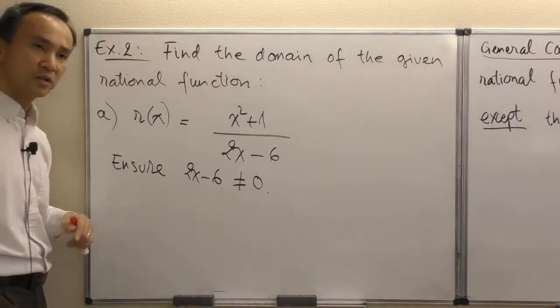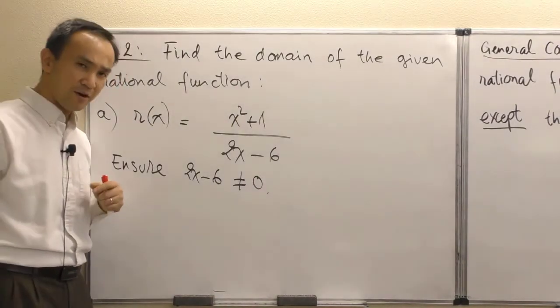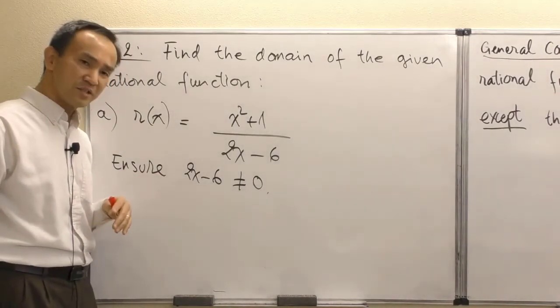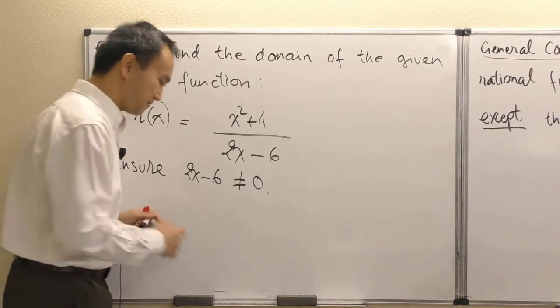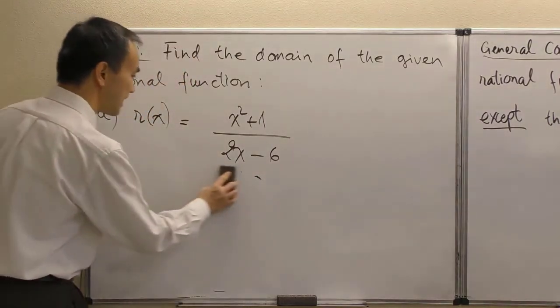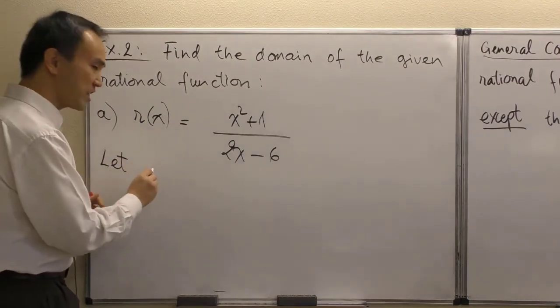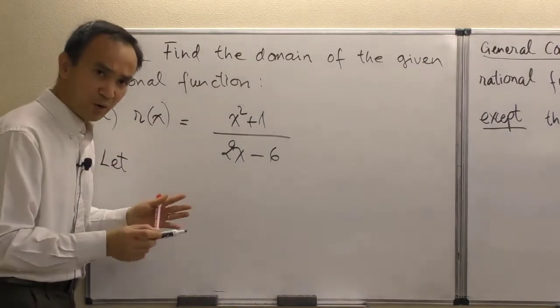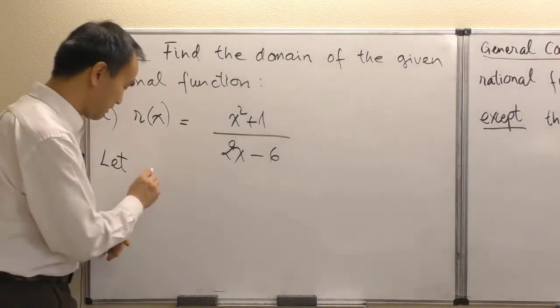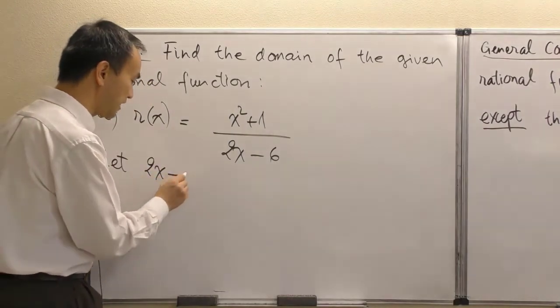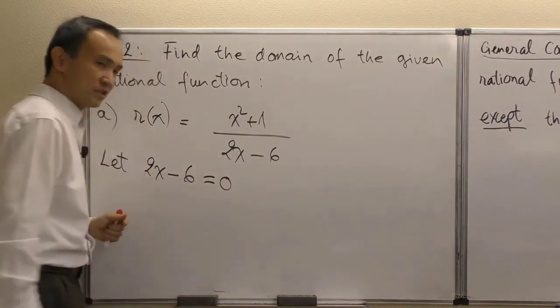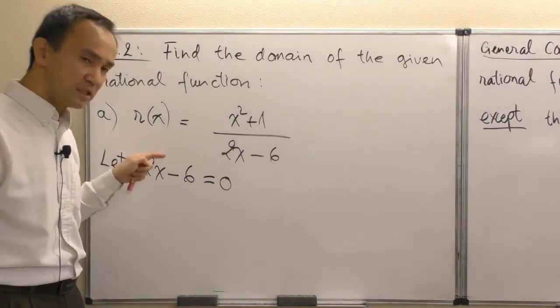We want to ensure the denominator is other than 0. So first we want to find the zeros of our denominator.